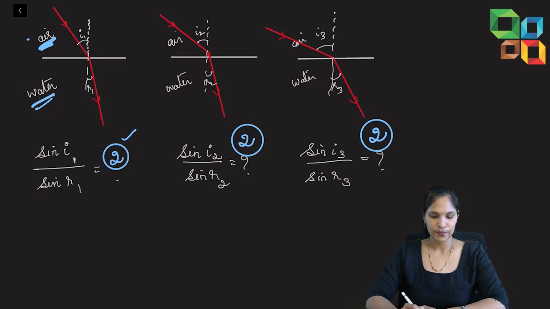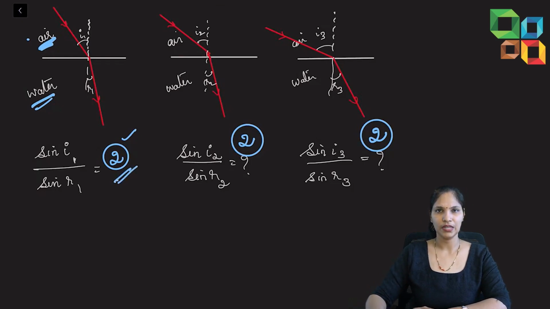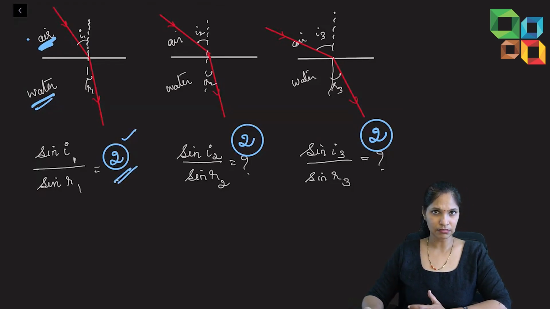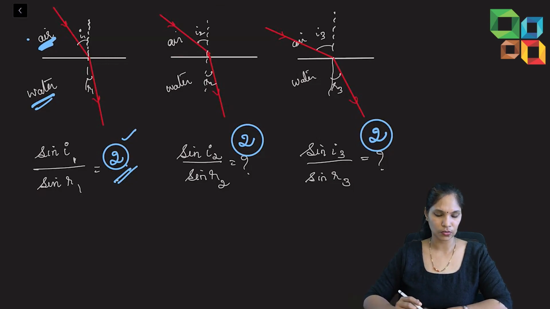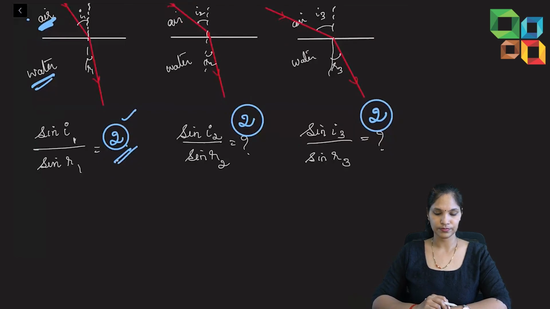Yes, exactly. Because if I change the medium, this is going to change. So I feel that this should have something to do with the nature of the medium. And that is correct. We will see that slowly, what that constant is, what it indicates.